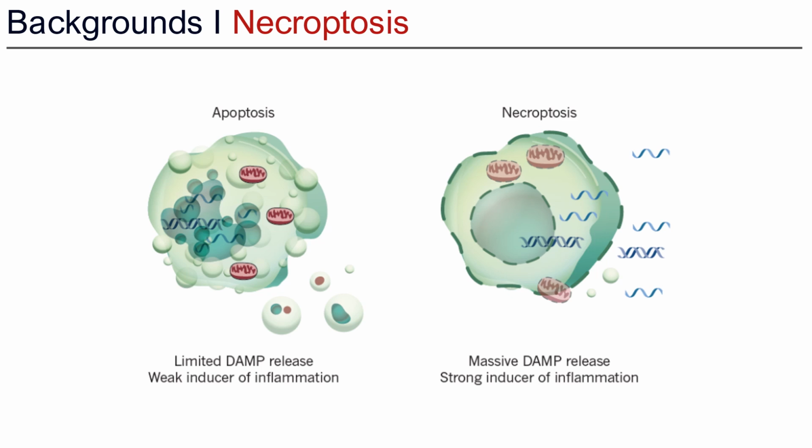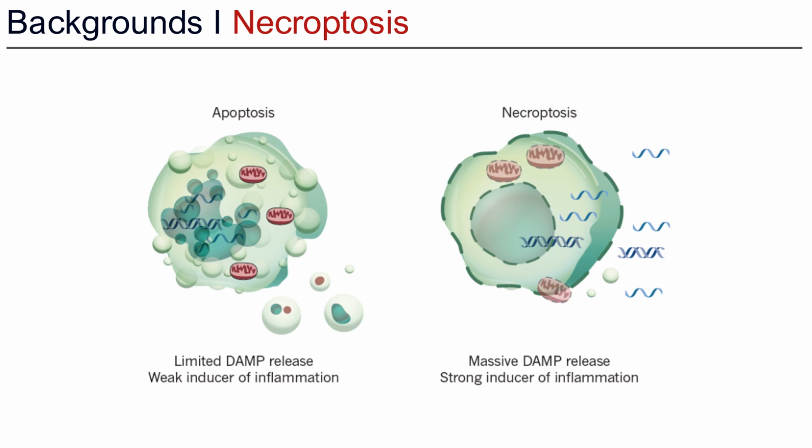Traditionally, apoptosis is the only form of programmed cell death, and necroptosis is the passive death of cells under extreme conditions, independent of the regulation of intracellular and extracellular signals. Apoptosis and necroptosis have different morphological features.